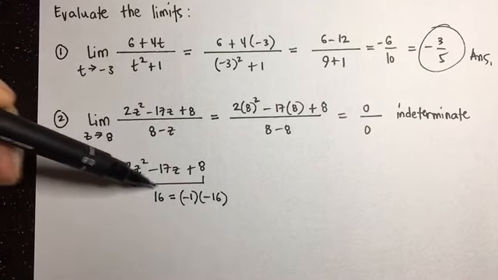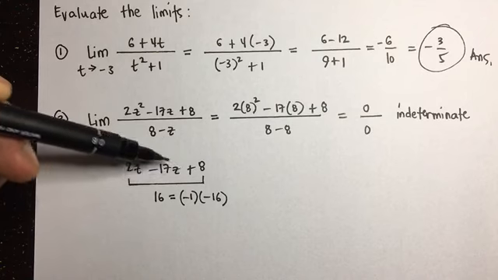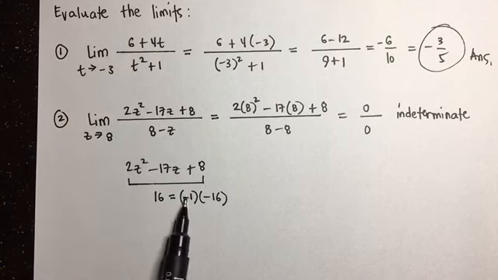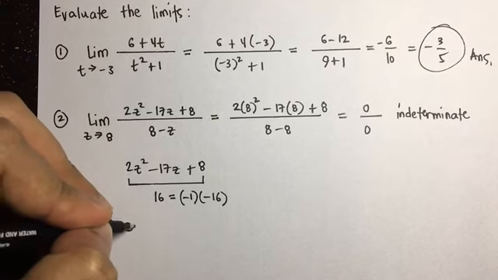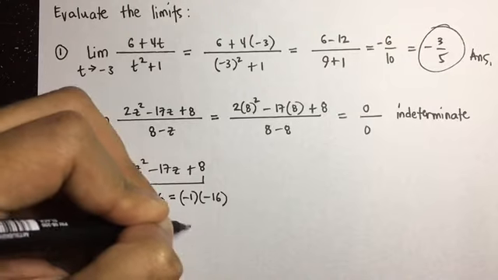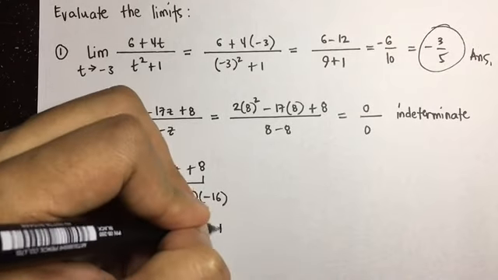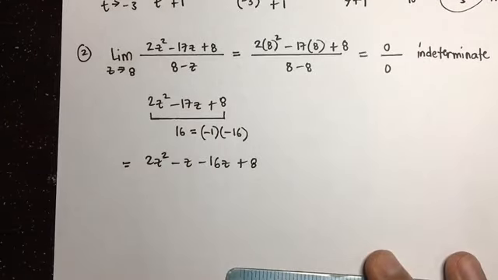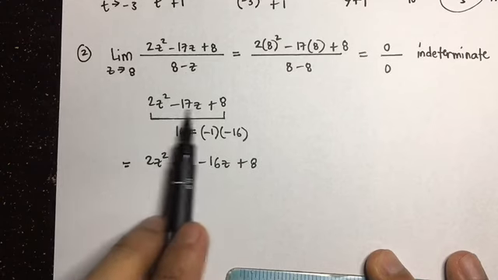Therefore, we break down the middle term: 2z squared minus z minus 16z plus 8. As you can see, if we add these, it returns to the original expression.